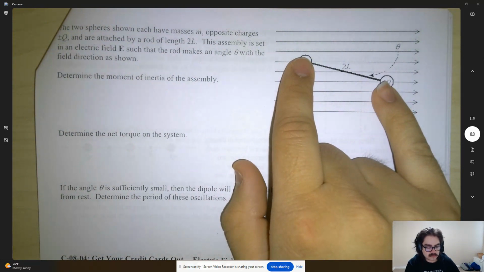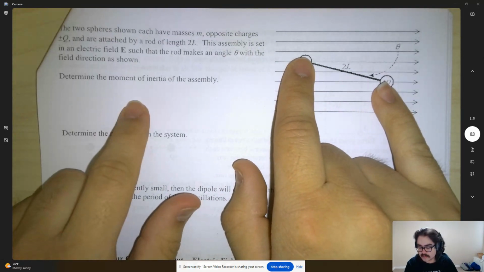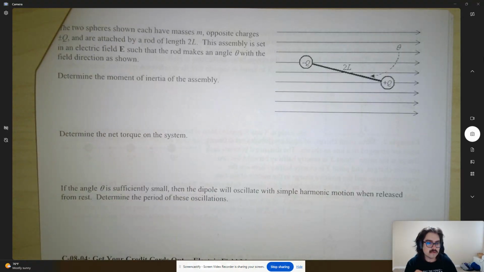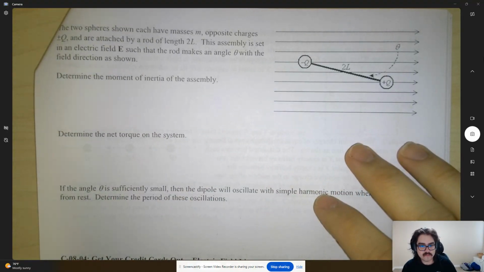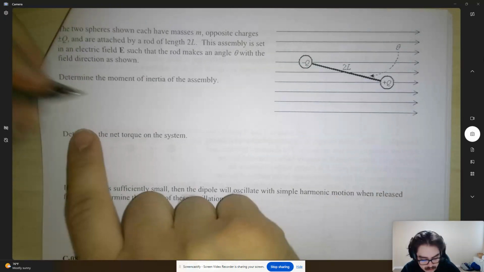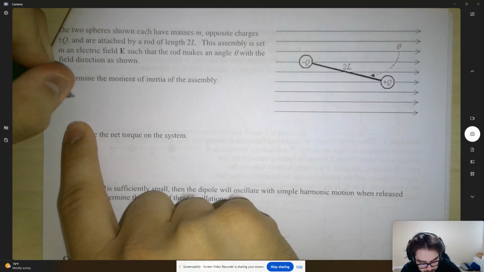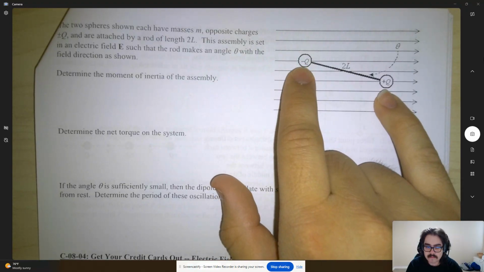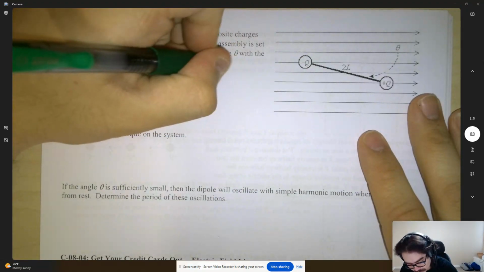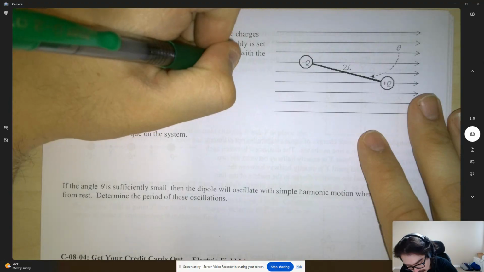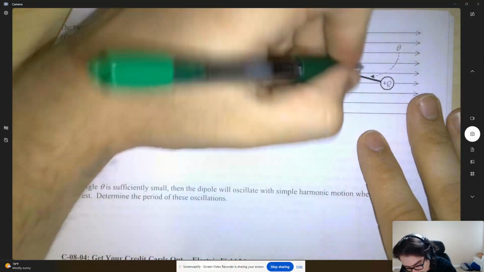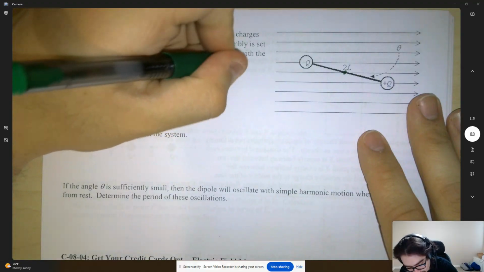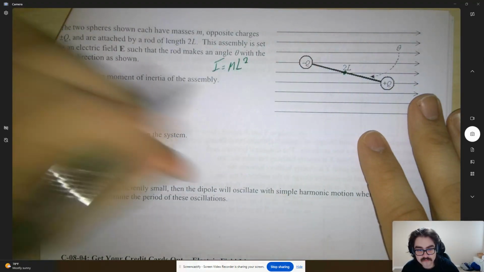The first thing it's going to ask us is to find the moment of inertia, which you don't actually have to do any electrostatics to solve for. That's all mechanics. I'm treating both of these as point masses. So the moment of inertia of one of the spheres is just m times the distance from the center of mass. This is length 2L, so the distance is just L, giving mL squared for each individual sphere.